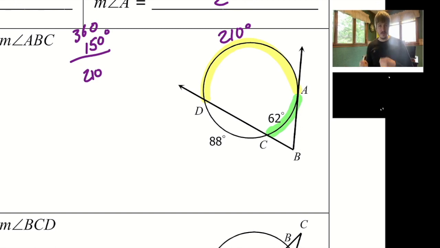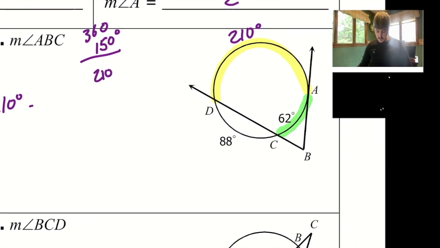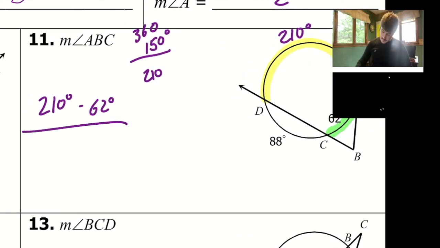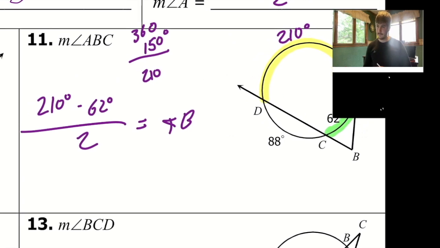So you might have to assemble the diagram, just like always, to get the values that you need. Now I have the ones I need. Big arc, 210, minus little arc, 62 degrees, divided by 2, and that's going to be the measure of angle B, or ABC, same thing.